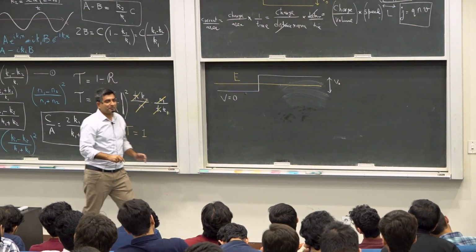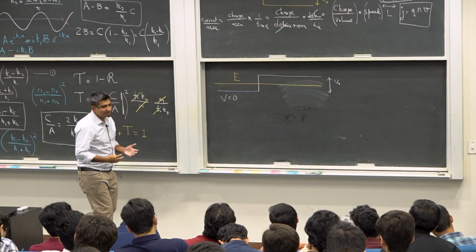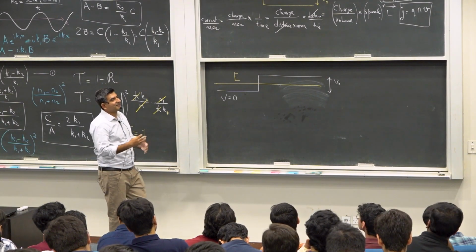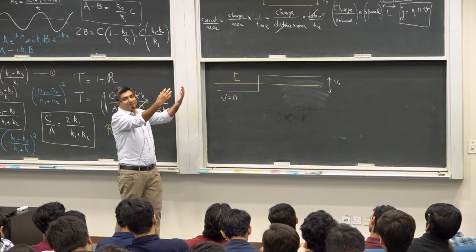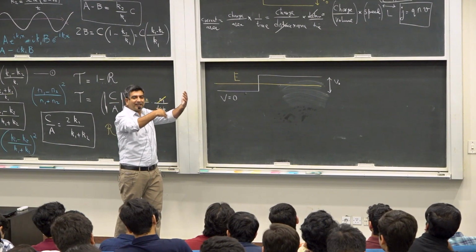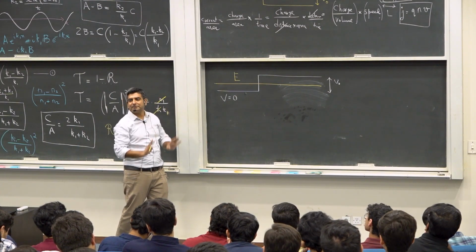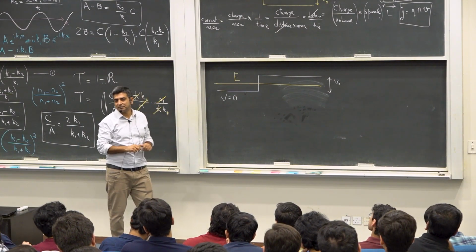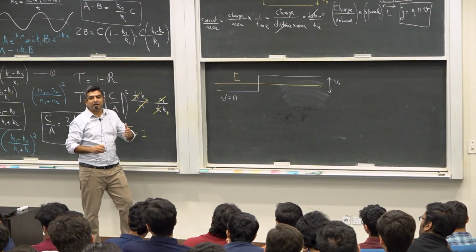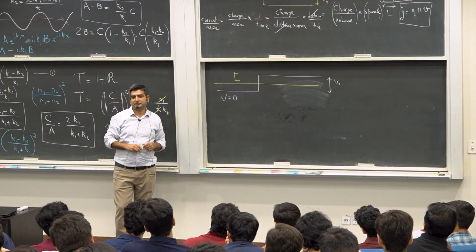Now imagine a person moving with some energy, and he has to climb a mountain or a hill, and the person doesn't have enough energy to overcome that energy barrier. Classically, this particle cannot be transmitted.